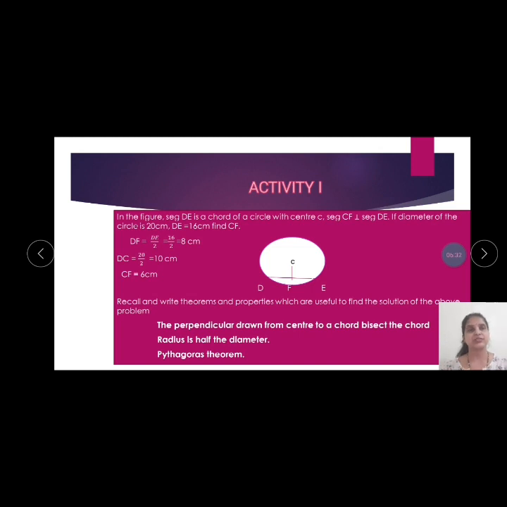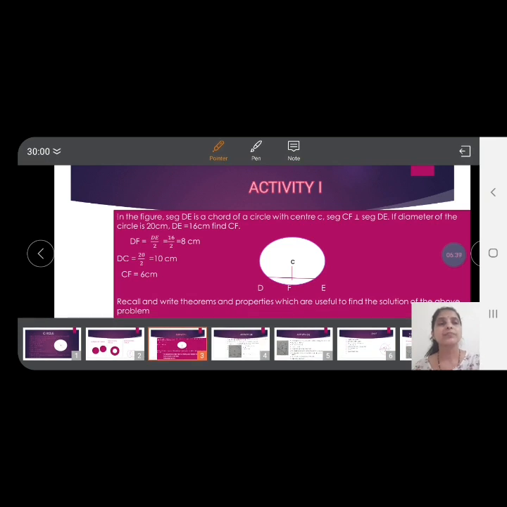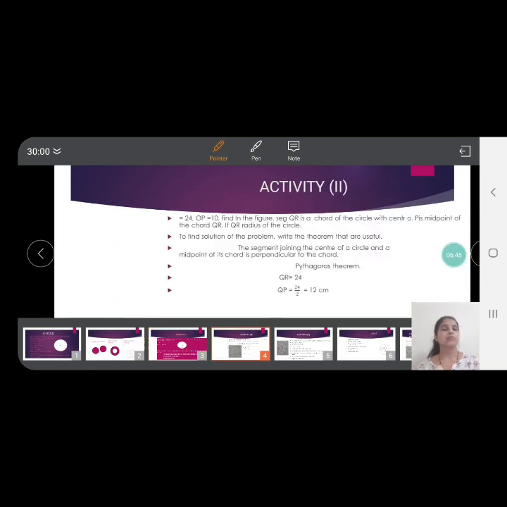Next activity. Next activity is based on the property of the midpoint of the chord. Now what is given to us?